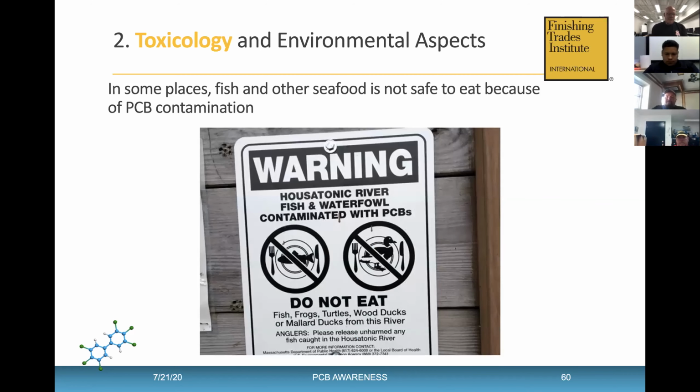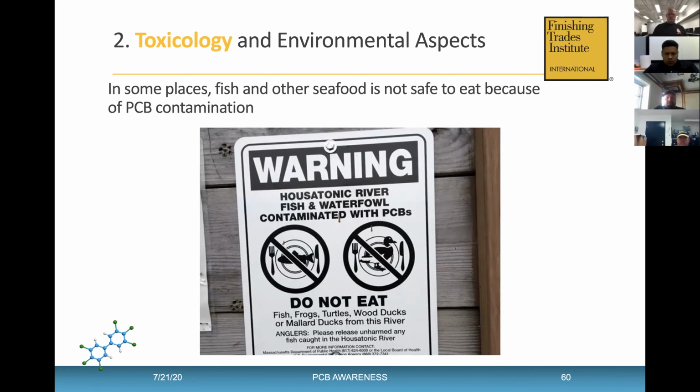Some places, fish and other seafood, it's not safe to eat. So typically what happens, when you go get a fishing license, you should get a booklet, right? And in that booklet, it tells you the rules: where you can fish, what you can catch, size limits, what the seasons are, all that stuff. It's also going to list bodies of water that you should not eat fish from and why.